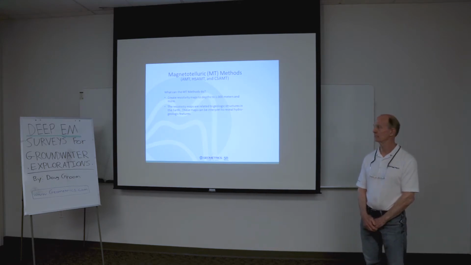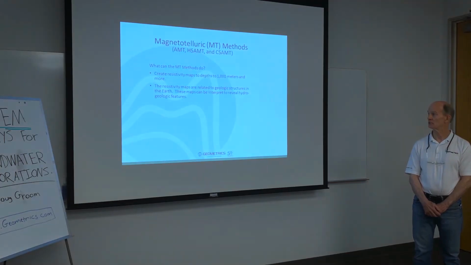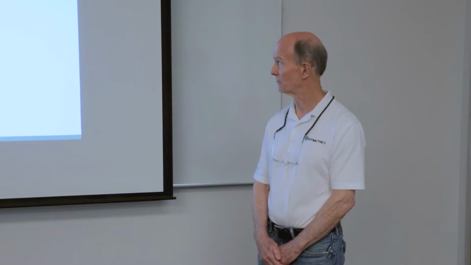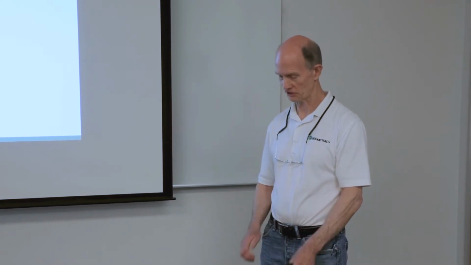They create a series of resistivity maps to depth and for a 2D survey along a profile. So you get depth and profile, which is essentially a slice into the earth. And these resistivity maps, as mentioned, are related to the geologic structure, which is interpreted as the hydrogeologic structure.